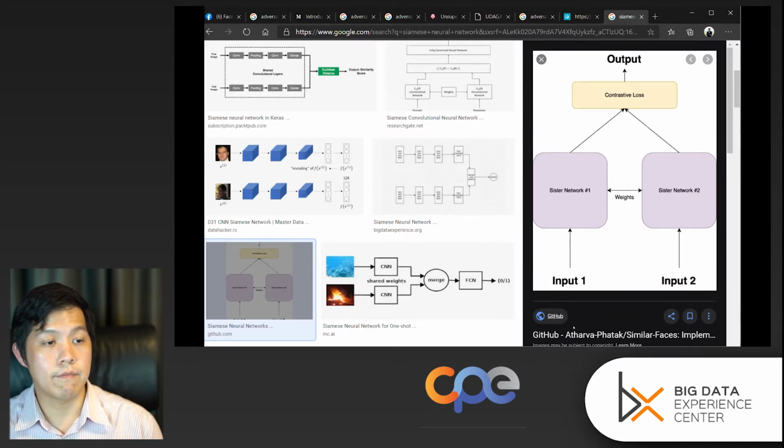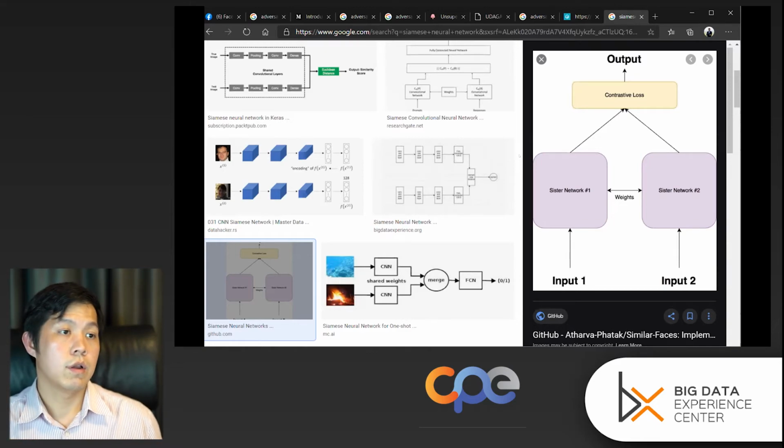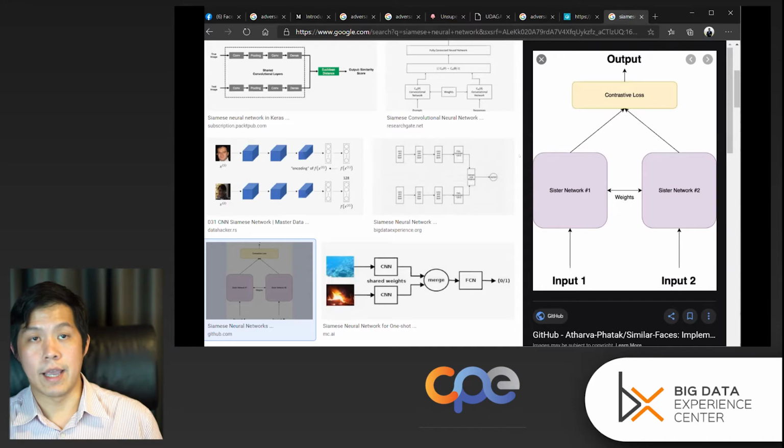You can use this type of network to compare images, text, video, frames, and many others, for example for question and answer.